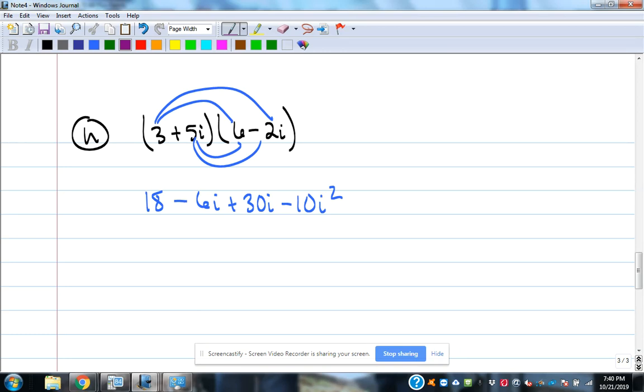Negative 1. So this is actually not minus 10i, but minus 10 times negative 1, which would be 18 plus 10, because that's a positive 10 now. So it'd be 28 plus, and then negative 6i and positive 30i would be 24i.